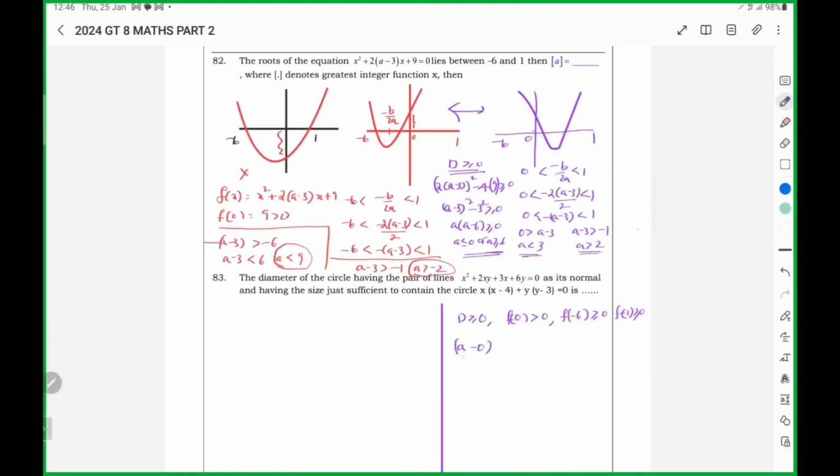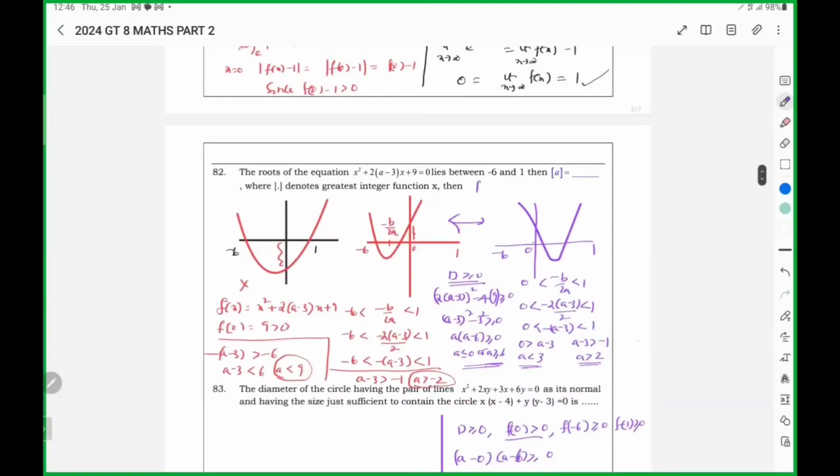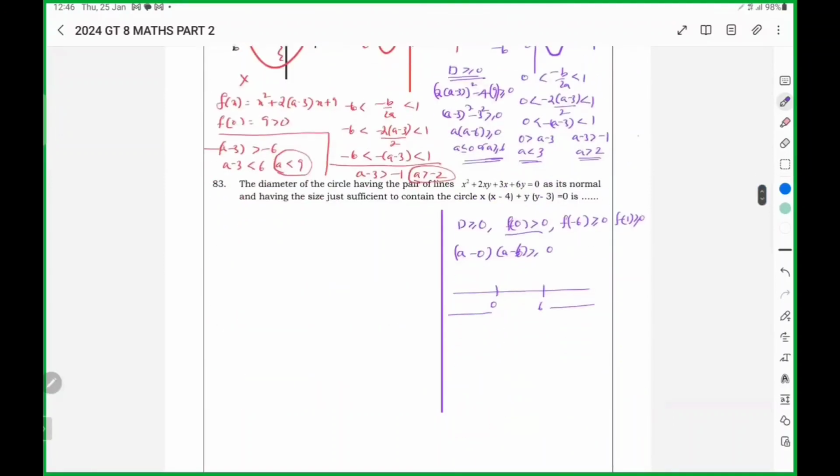So first condition, a less than 0 and more than 6. F of 0 anyhow positive. F of 1 greater than 0 means, what is f of 1? F of 1 will be 1 plus 2a minus 6 plus 9, 2a plus 3 plus 1 plus 4 greater than 0, a greater than minus 2. F of 1 positive means a greater than minus 2.